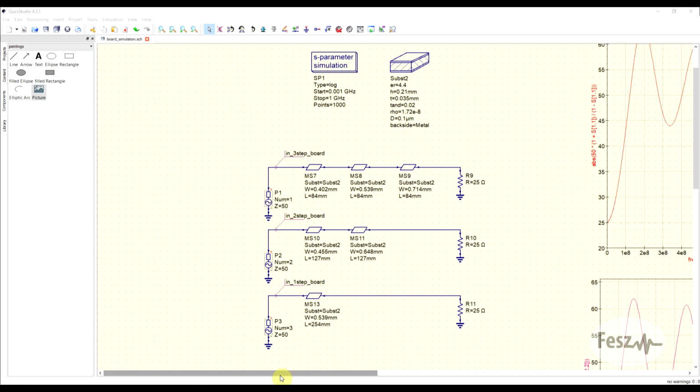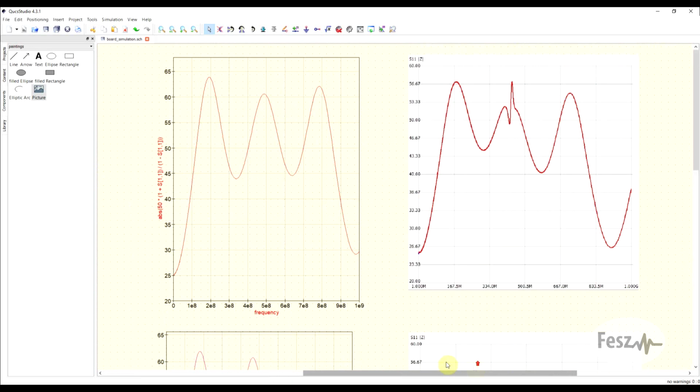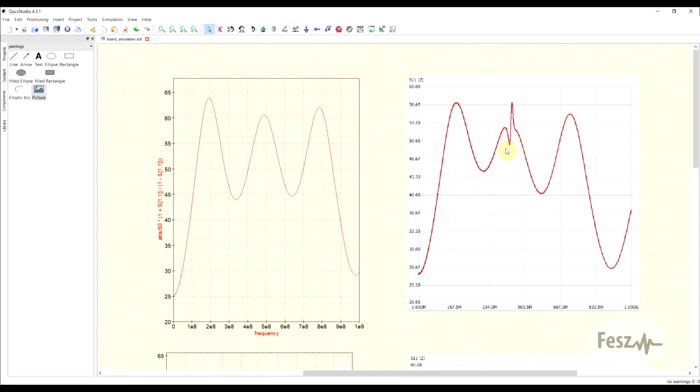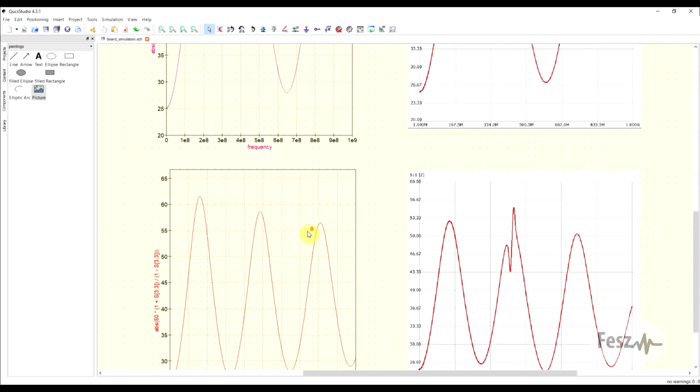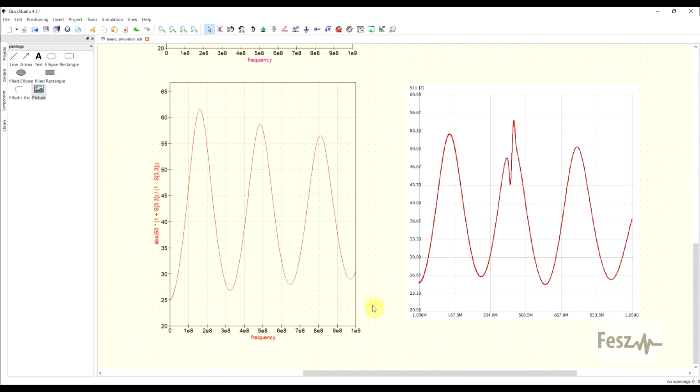Now, if we look at the actual measurement results and compare the simulation to the measurement, here we have the 3-stepped impedance transformer, then we have our 2-stepped impedance transformer, and finally the single-step quarter wavelength transformer. We can say that it's not really a perfect one-to-one match.